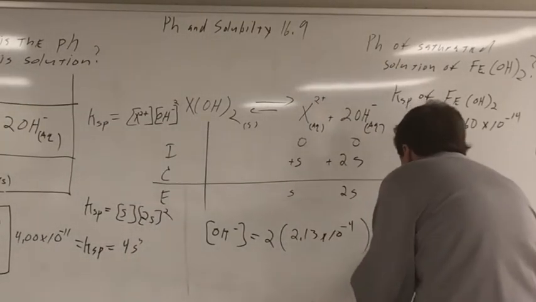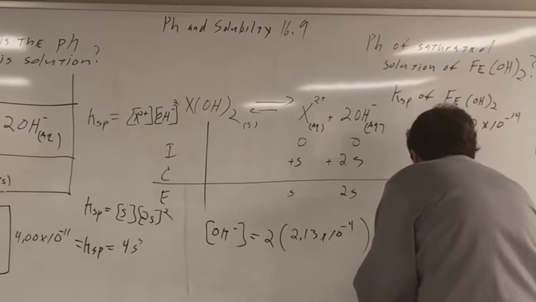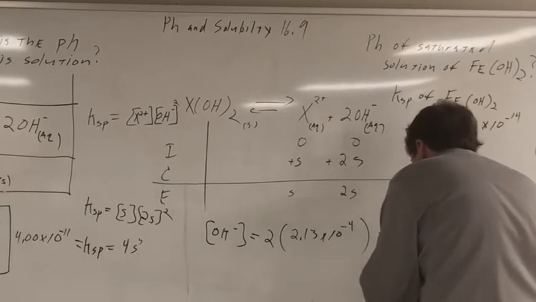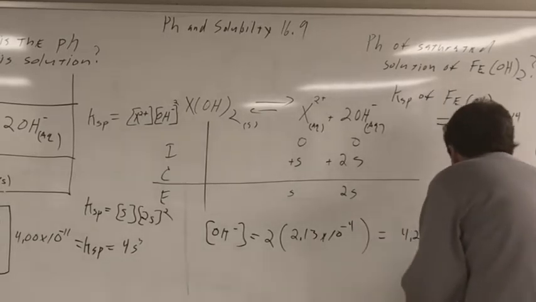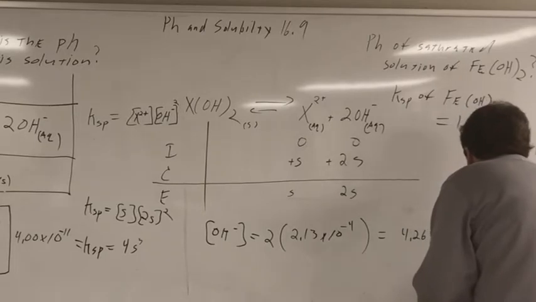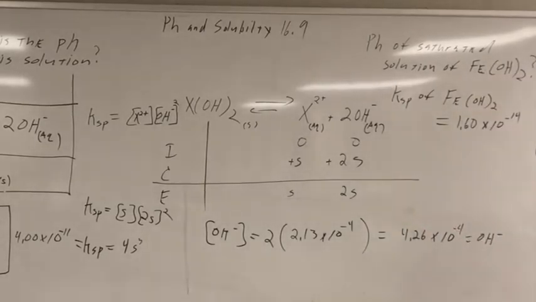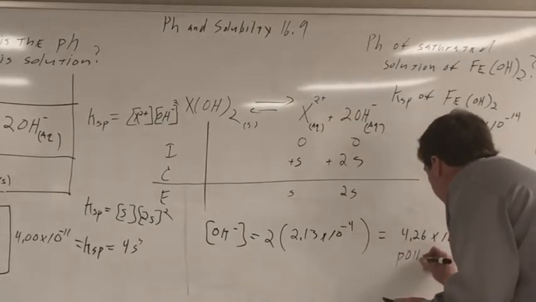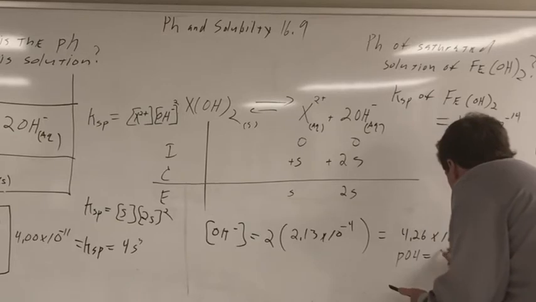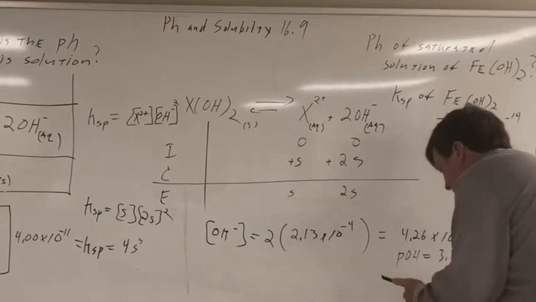So we're going to get 4.26 times 10 to the negative 4th here. And again, that's our hydroxide ion concentration. Then we'll simply take the pOH. So the pOH equals 3.37.